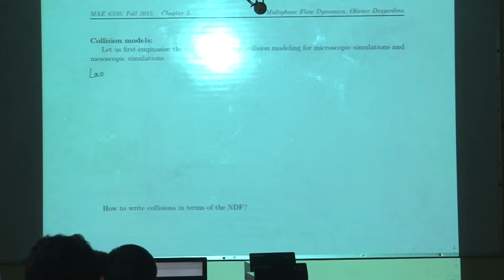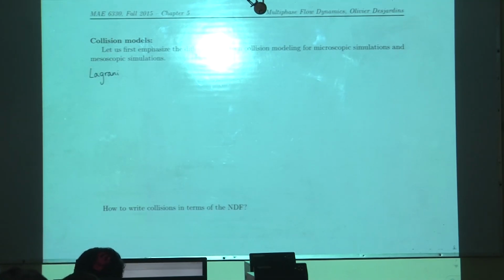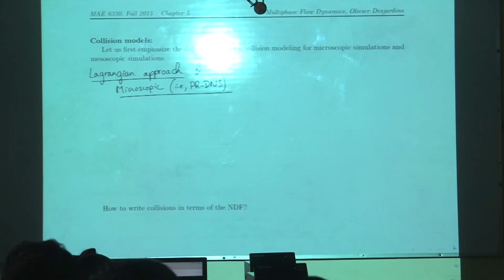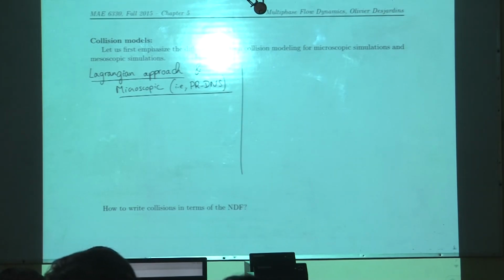In the Lagrangian approach, as well as the microscopic, i.e. particle-resolved DNS, we know whether we have a particle next to us coming towards us.